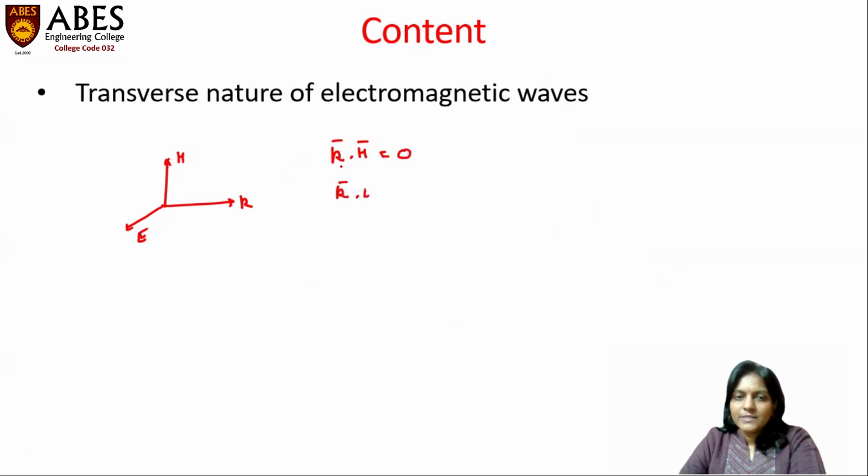So k dot H is equal to 0, and similarly k dot electric field vector is equal to 0. If we solve this condition, we can prove that electromagnetic waves have transverse nature. The transverse nature condition can be solved only with the help of Maxwell's equations.